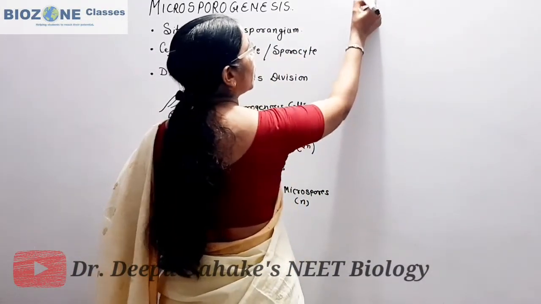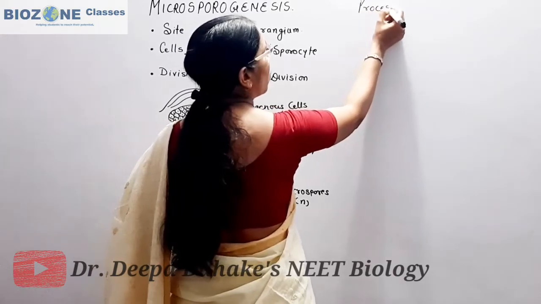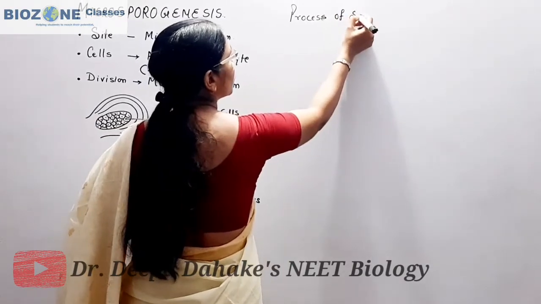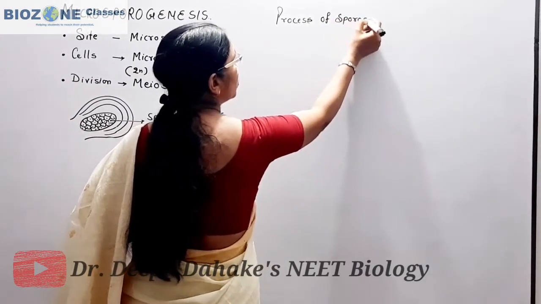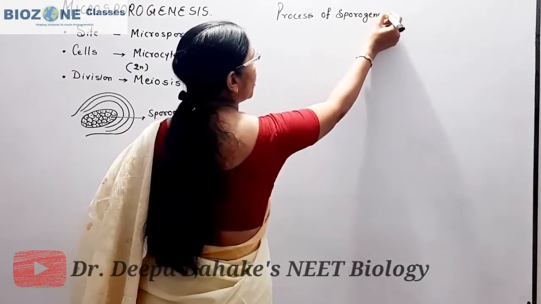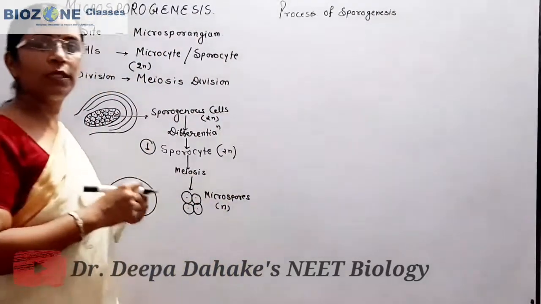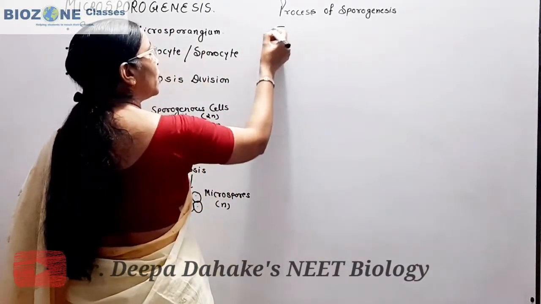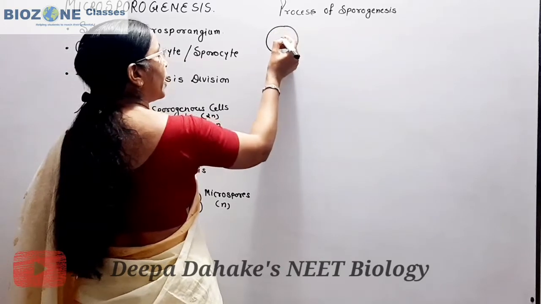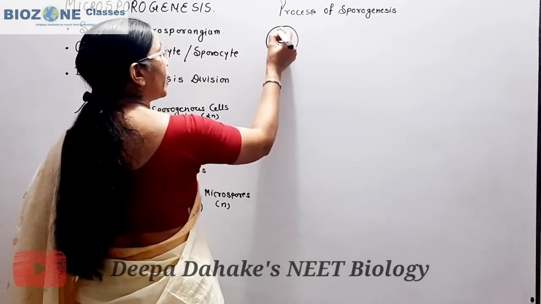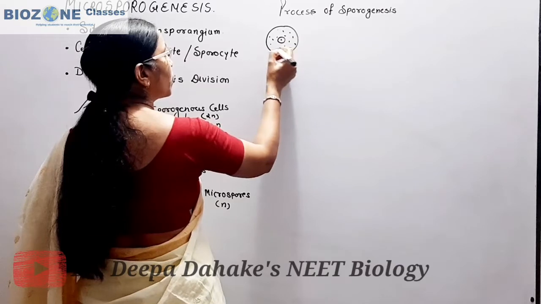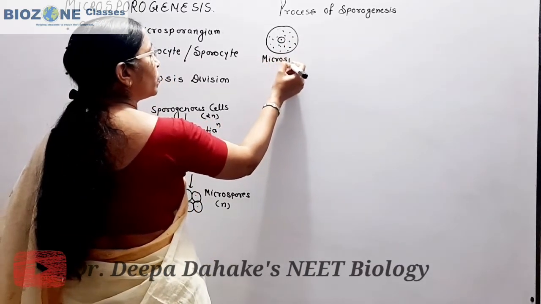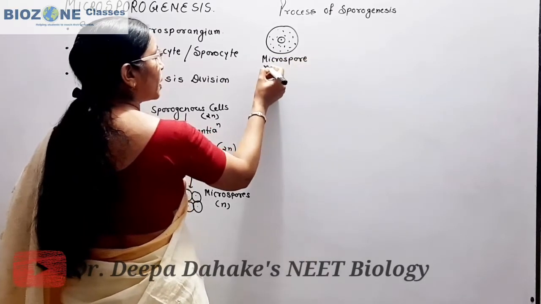So here we study about the process of microsporogenesis. You remember the process begins from a single sporocyte cell. Only for a single cell we explain here. This single sporocyte cell is also called the microspore mother cell.